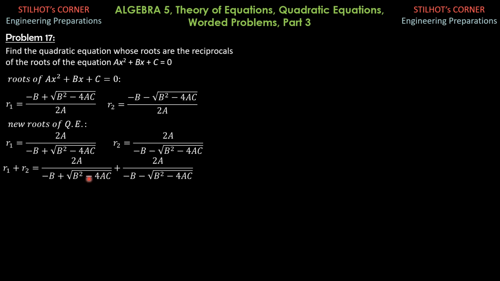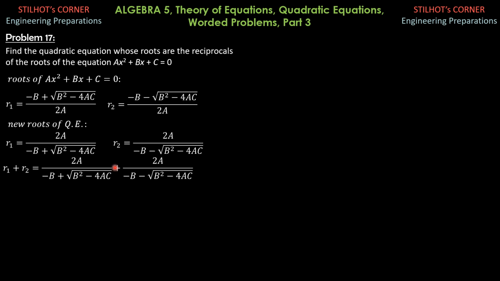And since the LCD is the product of these two denominators, if we get the product, it is negative B squared, or simply B squared, minus quantity B squared minus 4AC. So that's the product of the LCD, or denominators.